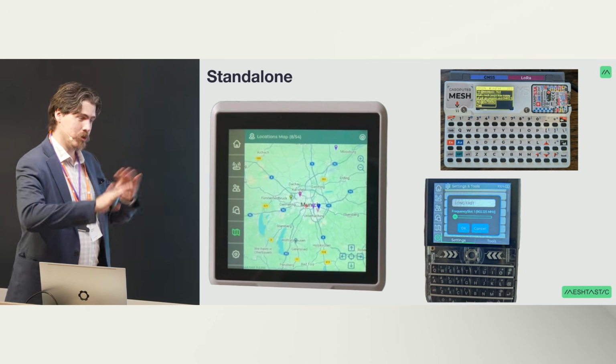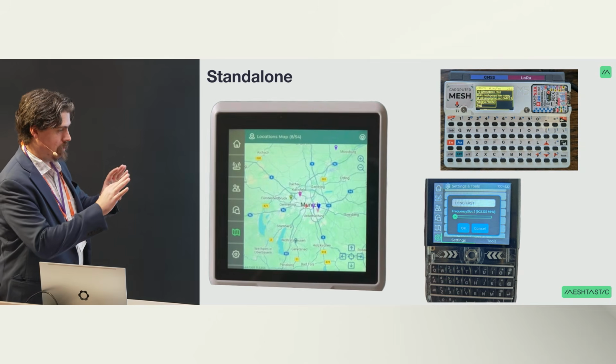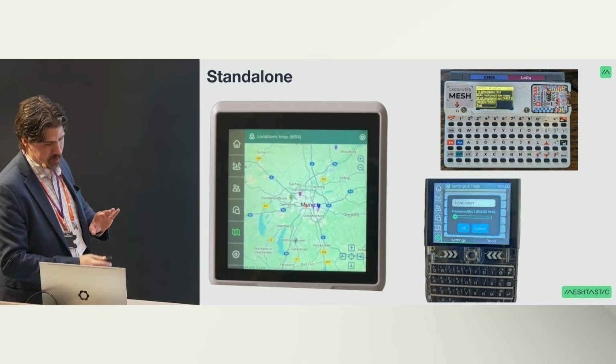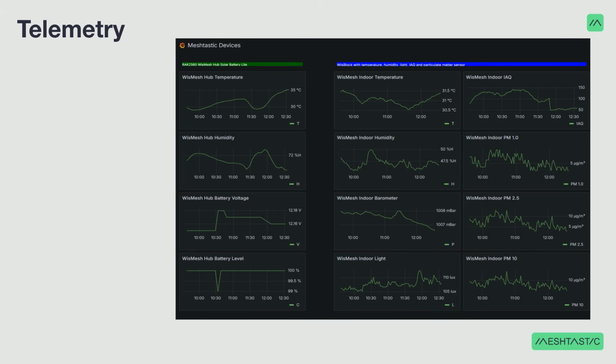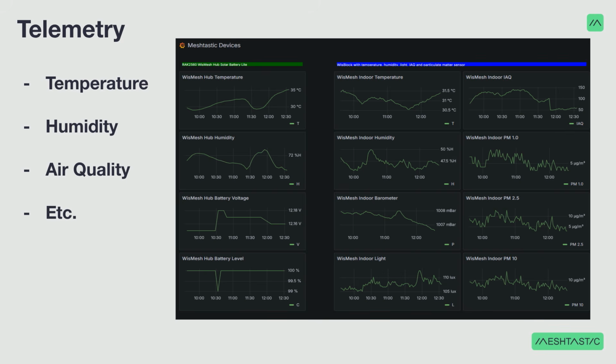Now, all of this is text messages and position, but there's something else that we can do with Meshtastic, and that is we can send telemetry. Basically, you can send anything that can be represented in a small data packet. And so people send temperature, humidity, air quality, like an AQI, and then anything else that fits in that little data packet.